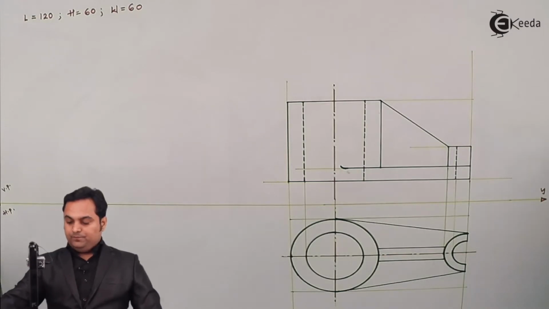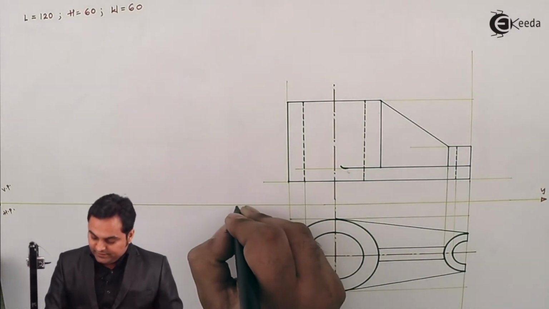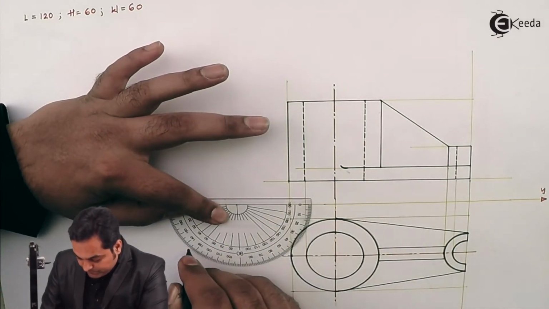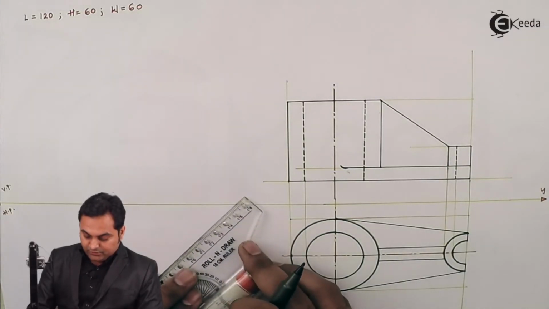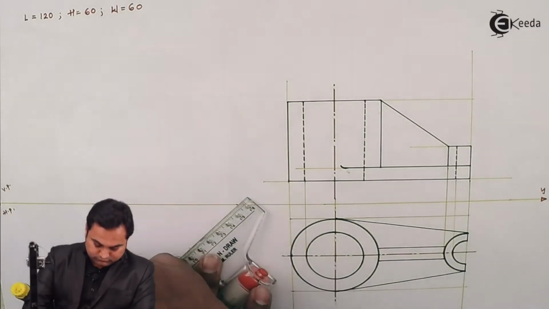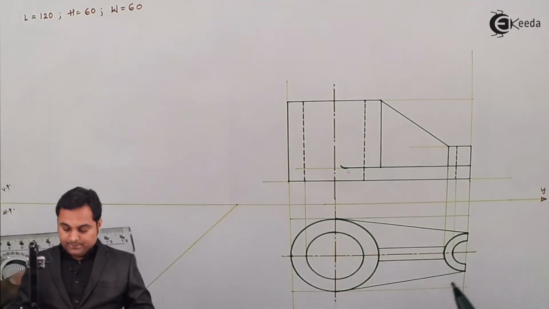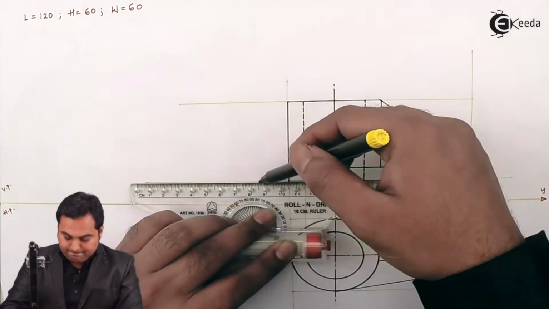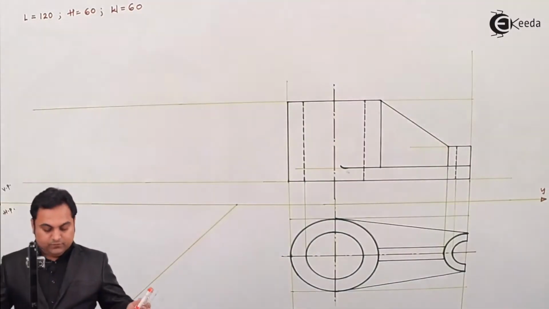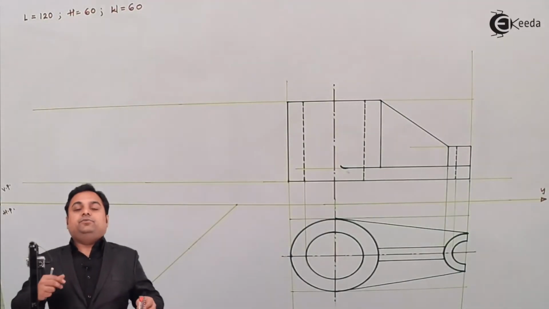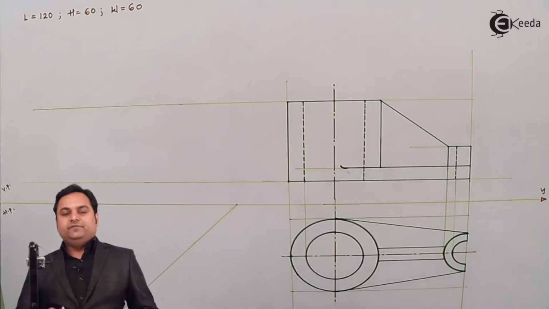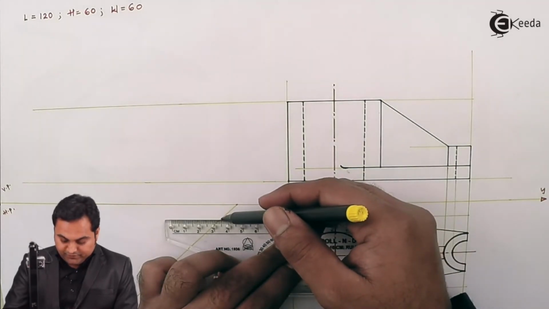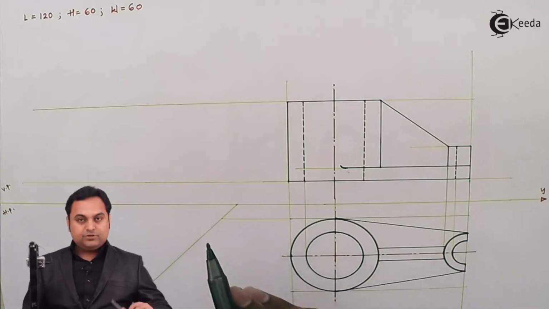And for drawing the side view, here I'll take a point measuring an angle of 45 degrees, drawing a light line through it. Then first I'll project the height from the front view. Width we can get from the top view, and for width I'll extend this line horizontally up to the 45 degree line and then project it upwards.